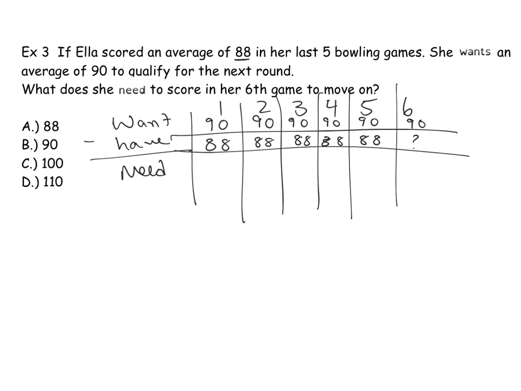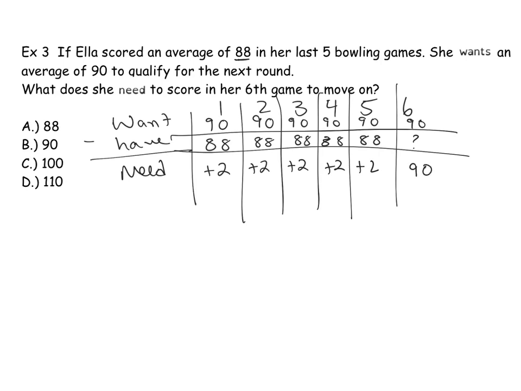matches to get to the next round. So that means we have to evenly make up for that loss of 2 for each one of the scores. So we need to get 2 extra points for the first game. We need to make up an extra 2 for the second game, an extra 2 for the third, an extra 2 for the fourth, an extra 2 for the fifth.